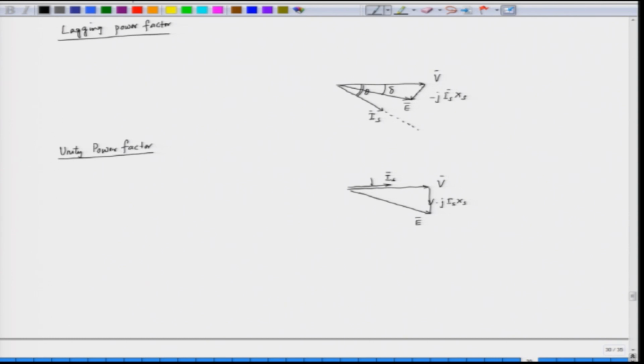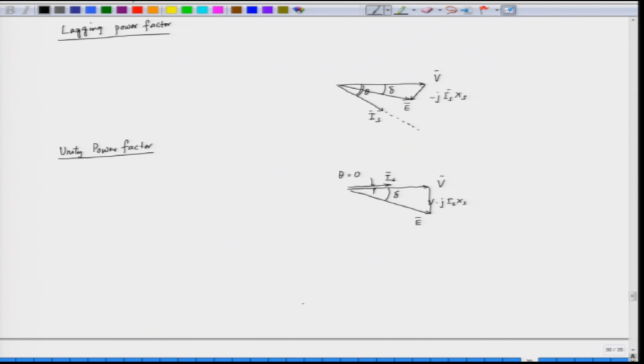The power factor here is unity, which means theta angle is 0. So, I and V are in phase and the torque angle is the angle between V and E. In this case, E lags behind the voltage V. So, this corresponds to unity power factor.